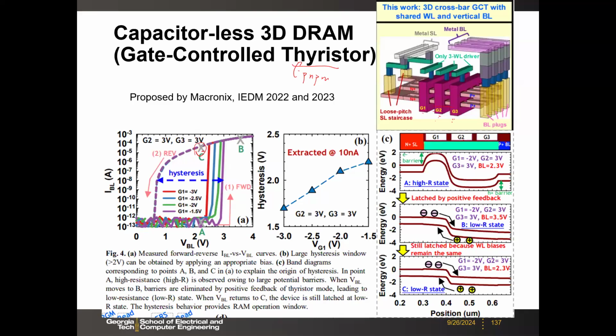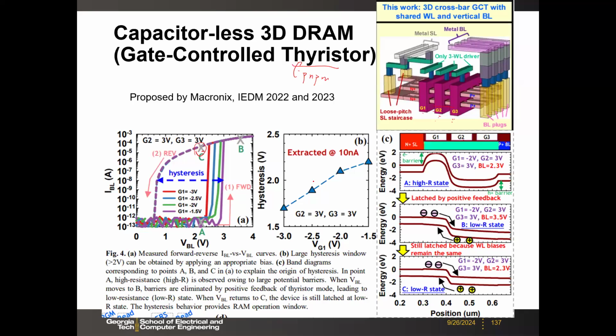But anyway, with this kind of three-gate structure, they can achieve this kind of temporal latch-up effect, and they can use that as a DRAM. So basically, if you have the positive feedback, then you have a temporal latch-up, and then you get more current. As time goes by, you have the recombination, the current will drop, then go to the other states.